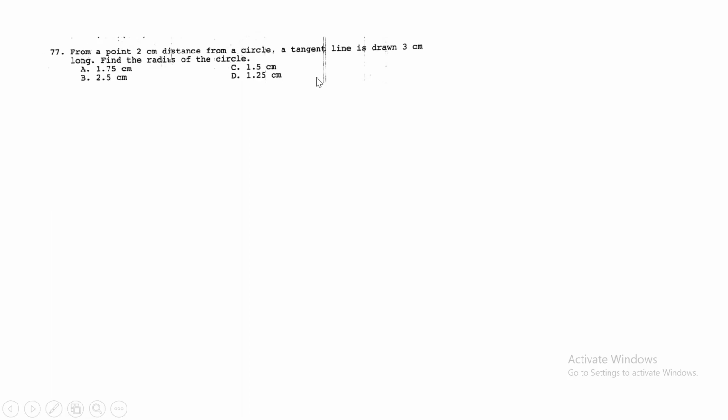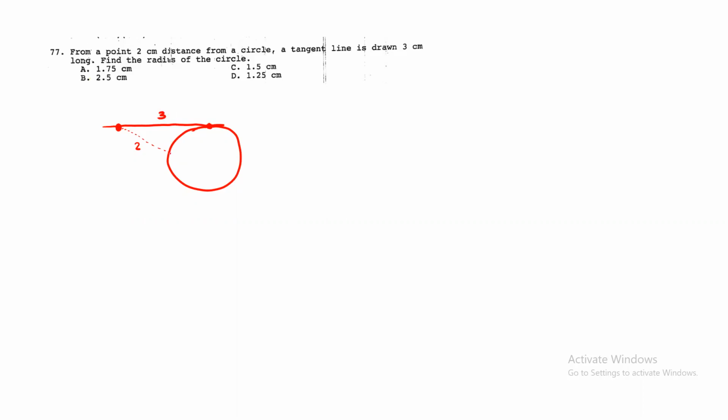So, how do we solve this? Let's illustrate the problem. This is the circle. This point is 2 centimeters distance from the circle. So, we draw a tangent to the circle. This is the tangent line, and it is 3 centimeters long. So, this is 3.